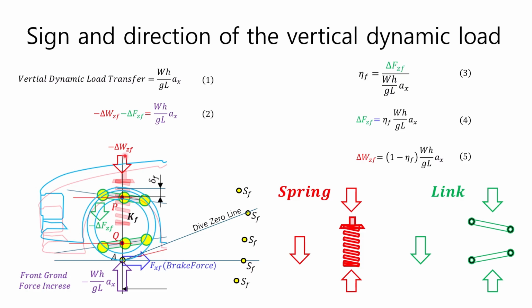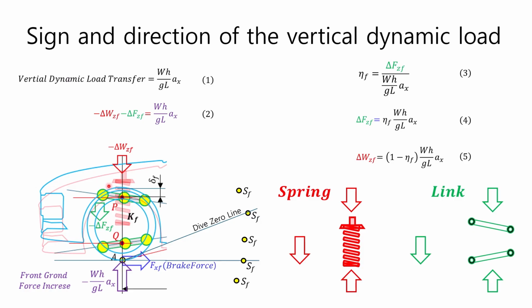For example, if delta WZF itself is positive, minus delta WZF is negative, so it is compression. If delta WZF itself is negative, minus delta WZF is positive, so it is tension. In the case of front-wheel braking, if the virtual reaction point is below the road surface, delta FZF is negative.